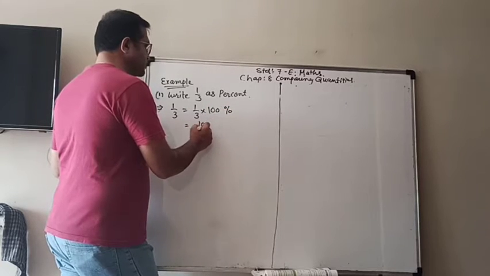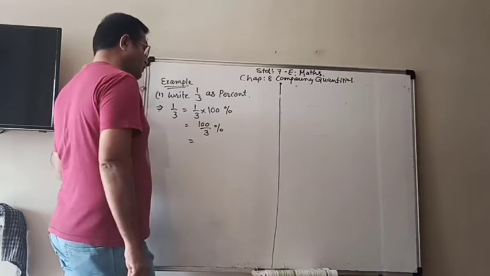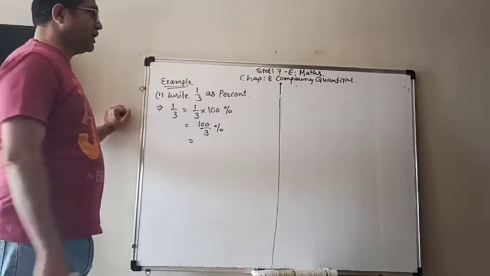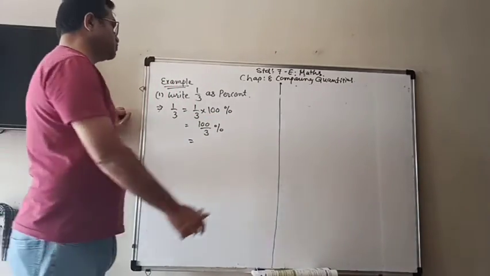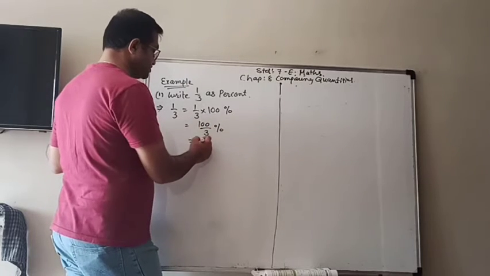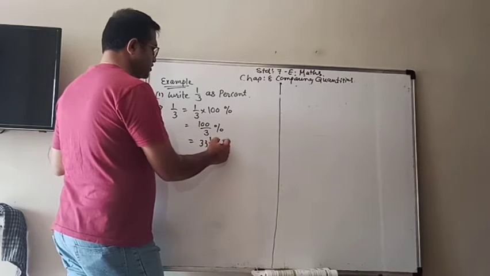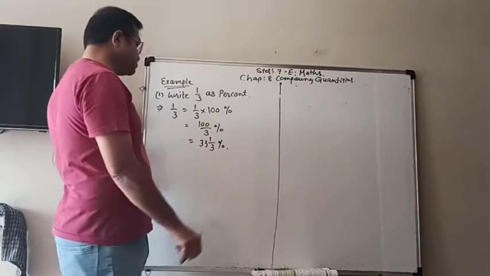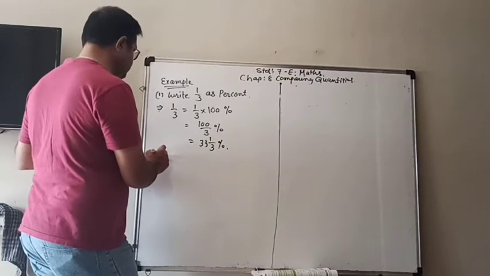Now there is no cancellation, so 100 upon 3%. As we did before, we have to convert it into a mixed fraction. That is 3 3s are 9, 1 remainder. So 33 integer 1 upon 3%. Let's take another example.